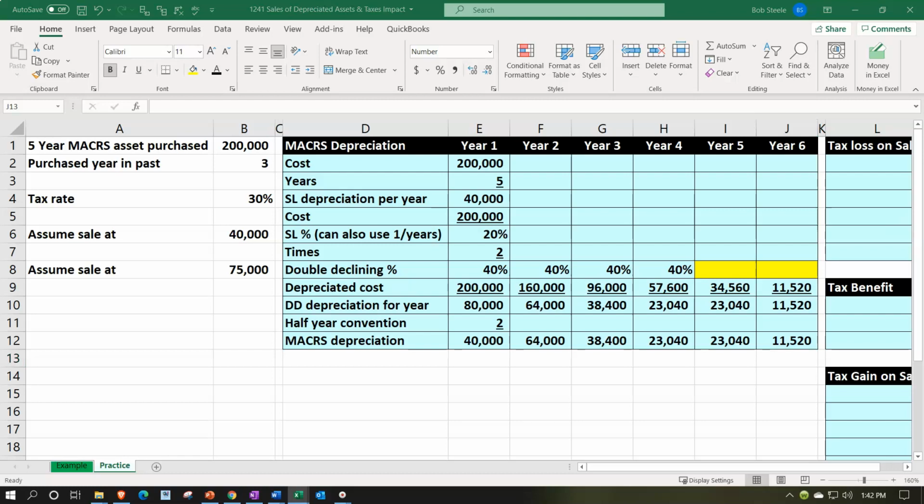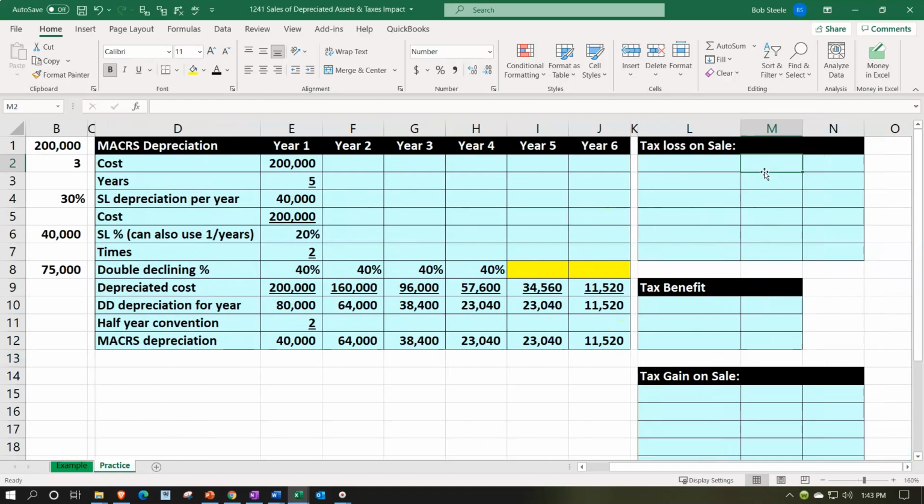So once we have that, let's say we sold it after 3 years. Now we've got to figure out the book value on a tax basis, meaning cost minus the accumulated depreciation on a tax basis, which will differ from the cost minus accumulated depreciation on a book basis if we're calculating the two things differently, which most large companies would do.